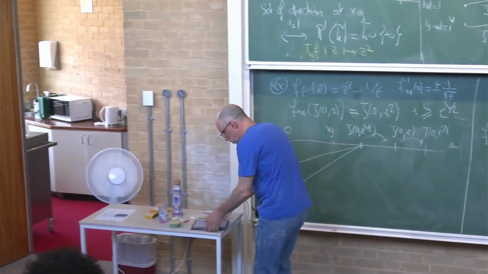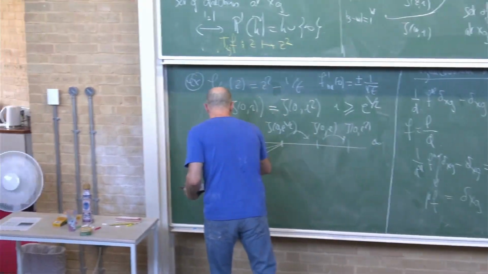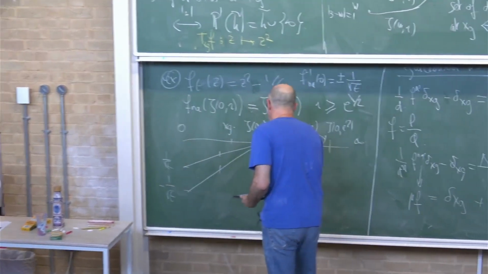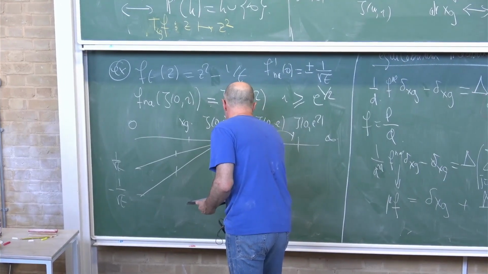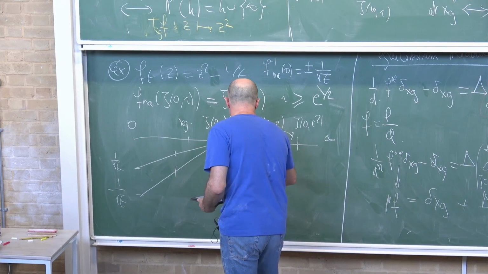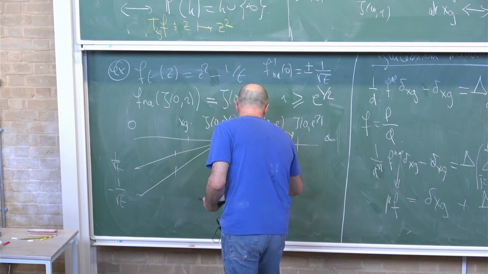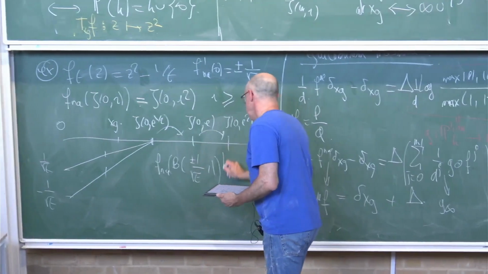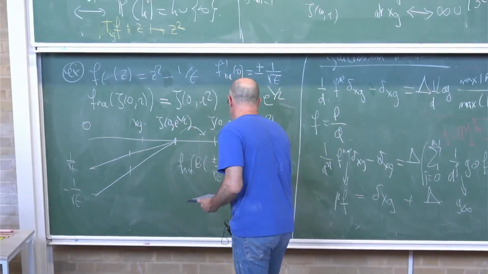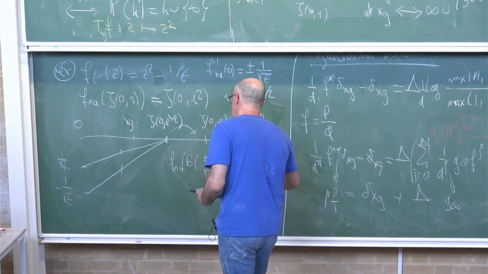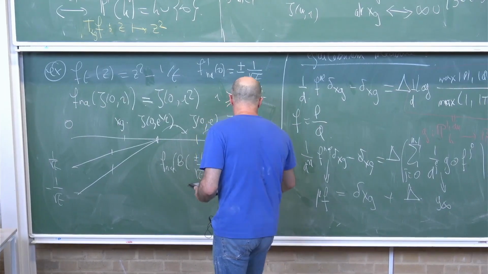Now you can do a quick computation: the image under f of the ball of center, let's say, 1 over square root of t, and of radius 1 is in fact mapped exactly to the ball of center 0 and radius square root of e.